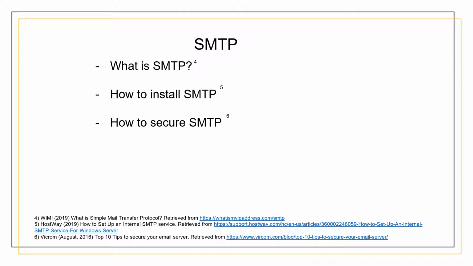So installing SMTP on Windows is a fairly straightforward process. First, you need to add the role in the Server Manager application. Second, you can assign or add your configuration relay and an external domain during the configuration process.